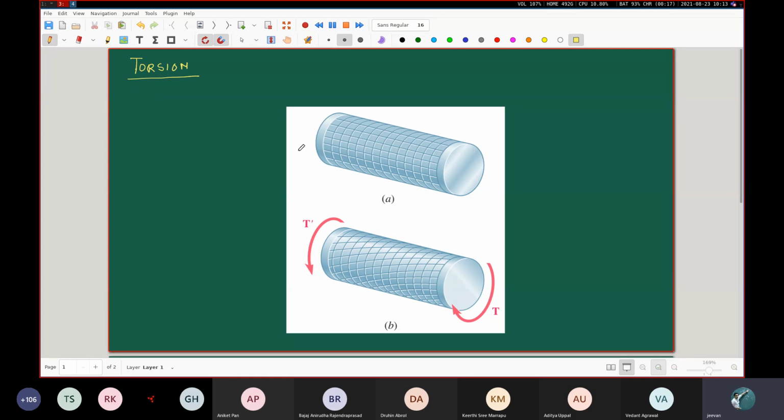So how much maximum twisting of the shaft is allowed, and how much maximum shear stress can be sustained by the material. Those are the key questions which the design engineer has to keep in mind.